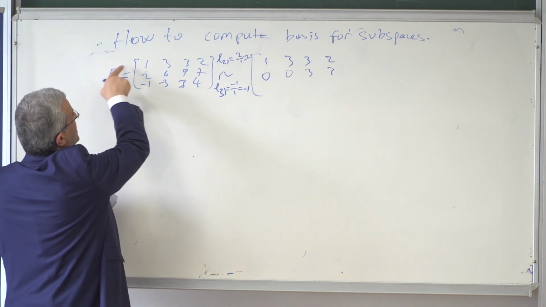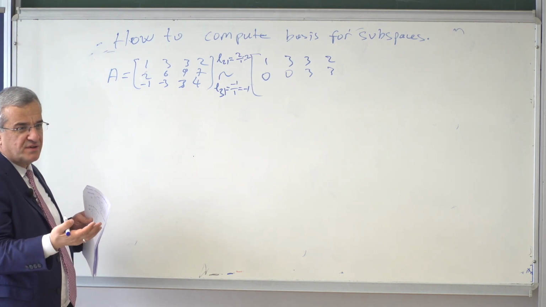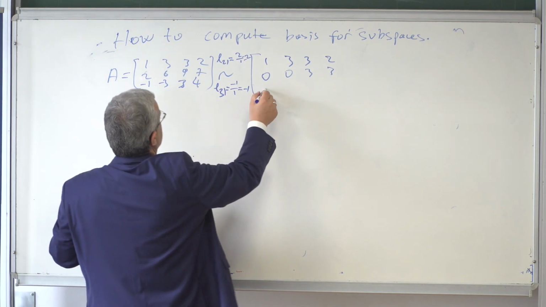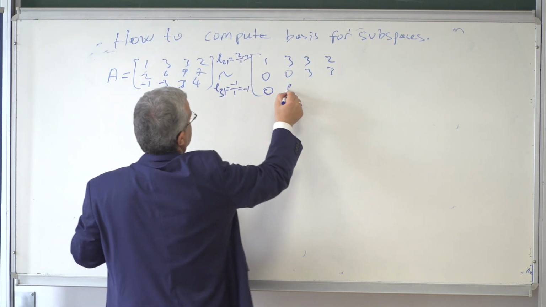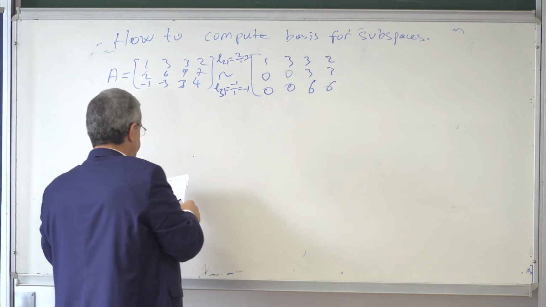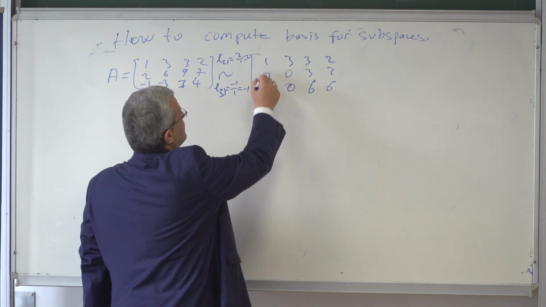So multiply this with minus 1 and subtract it from here. That means add the two things together, right? So you have 0, 0, 6, and 6. Okay? So we are finished here.